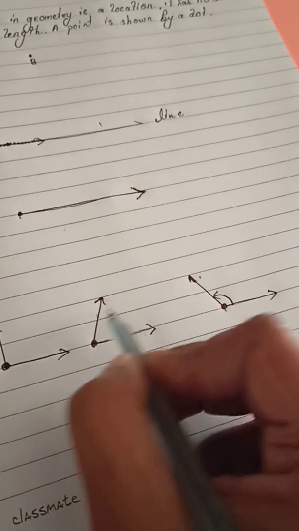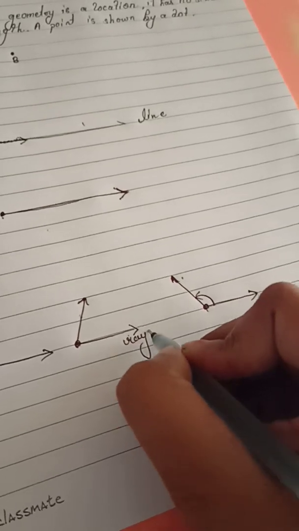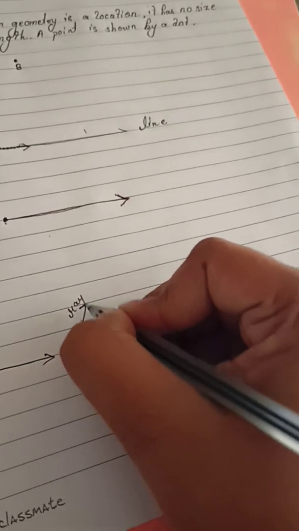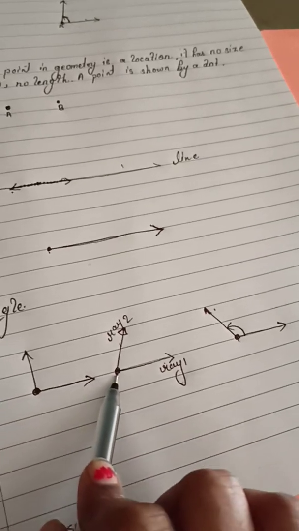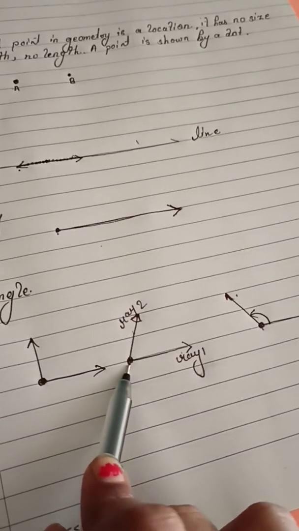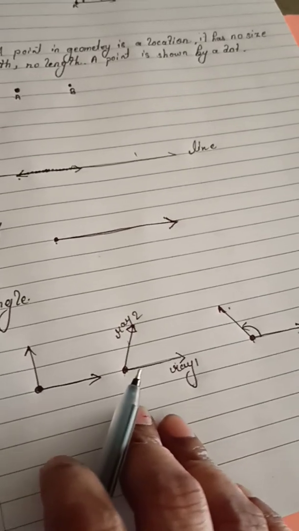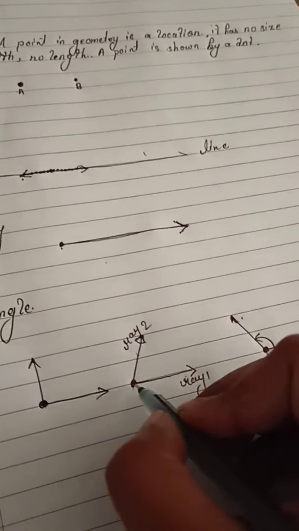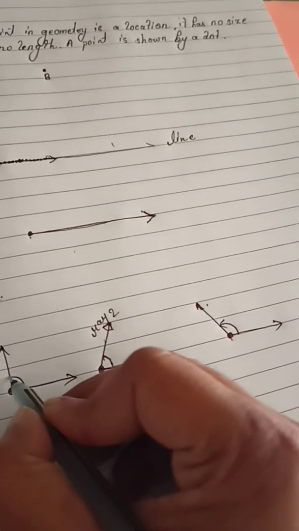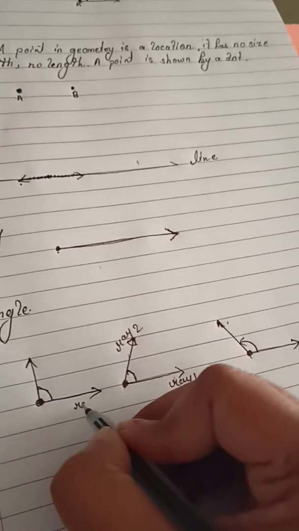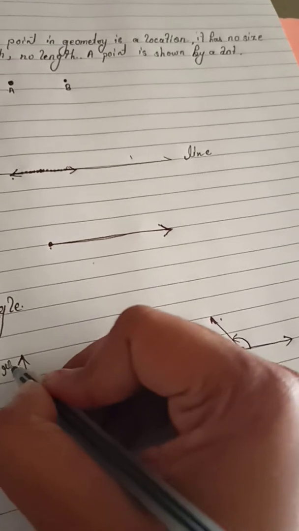When ray 1 and ray 2 combine and have a common end point, or common starting point, it will become an angle. Here ray 1 and ray 2.